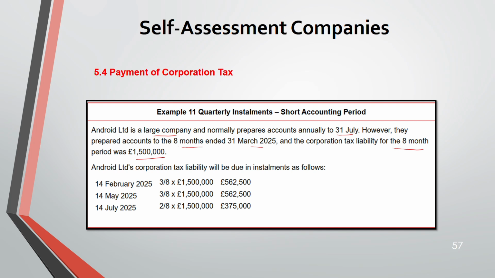Now remember, you have to pay, and they will be due in installments. It's not for 12 months, it's 8. How many installments will there be for 8 months? Remember that table? 3 installments. 3 quarterly installments.